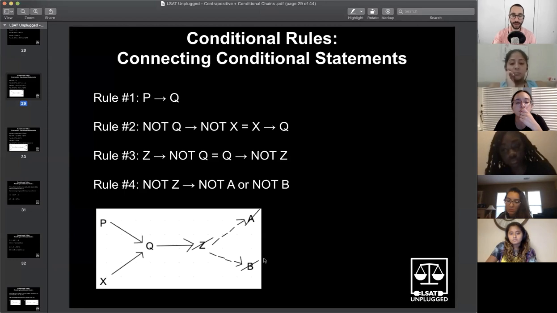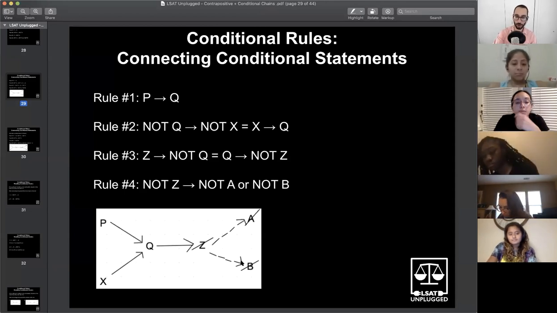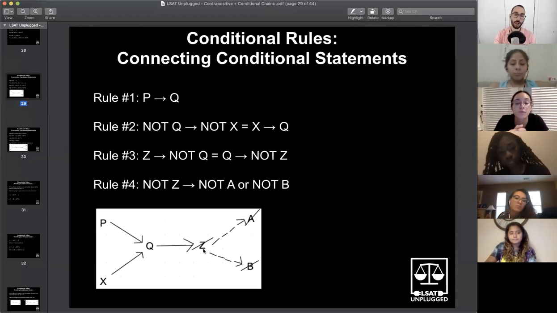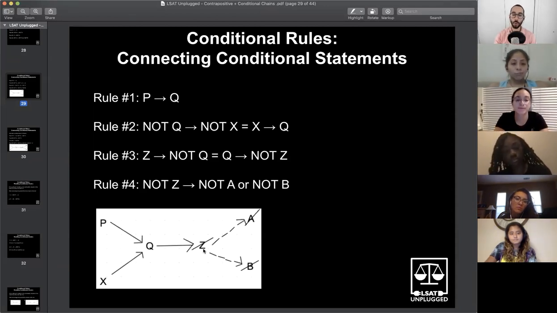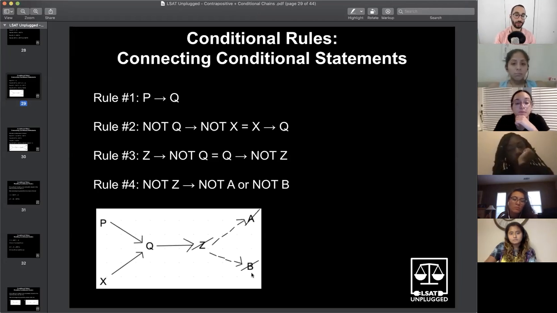But P and B, the problem is that we've got a dotted arrow here. So if P is in, then Q is in, then Z is out, then at least one of A or B is also out. But we don't know which one. So it's possible to have P in as well as having B in, but maybe we would lack A. In fact, if B was in, we would lack A in that particular instance, since we know that at least one of those two has to be out.